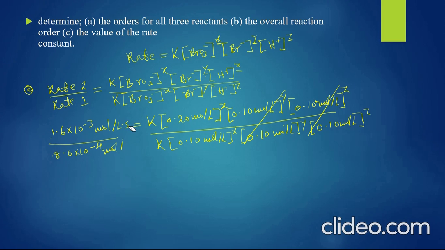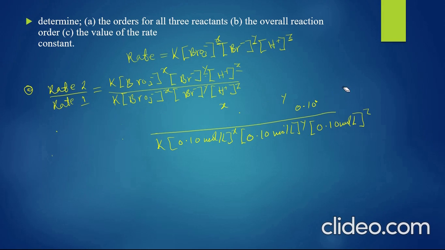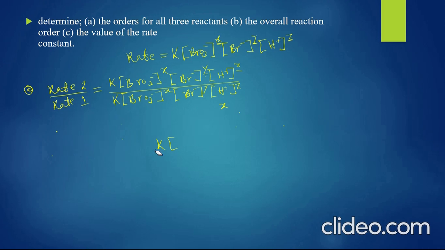The same thing we have been doing here. For x we have determined, now we should determine for y. Which rates are we going to use, according to the experiments in the table? For the first one, we used rate 2 and rate 1.